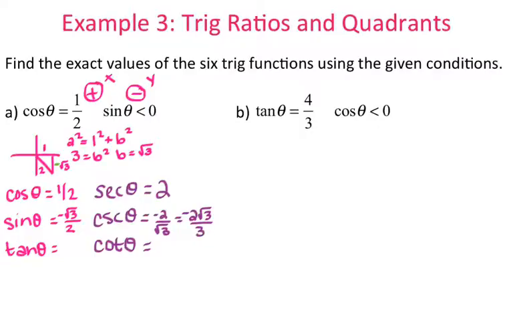And then tangent is opposite over adjacent, so that is negative root 3 over 1, or just negative root 3, which makes cotangent negative 1 over root 3, which is negative root 3 over 3. So those are the other trig functions when I give you the initial trig function and the sign of another trig function.